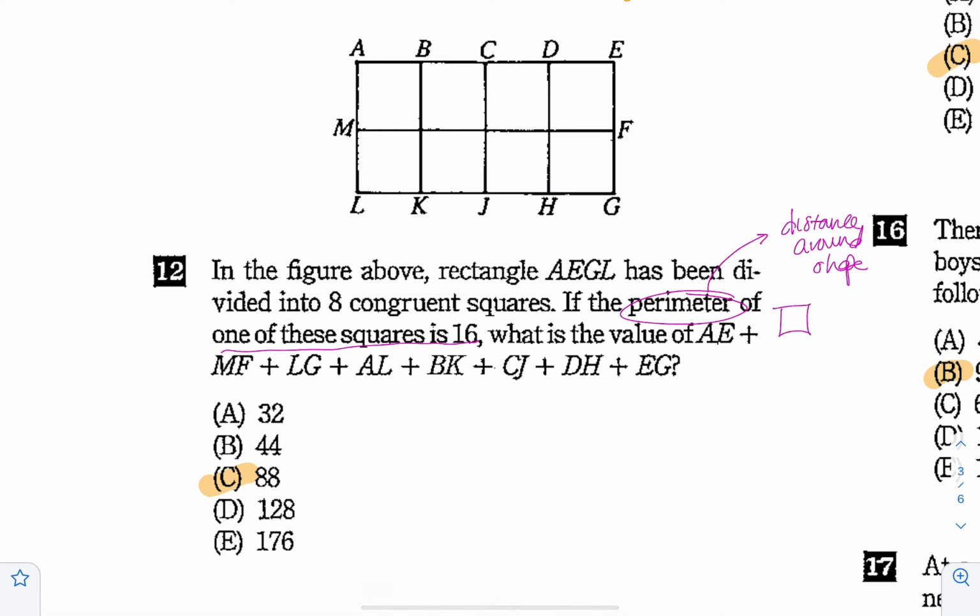For a square, because all sides are equal, the perimeter is equal to 4 times the side, or 4s. So you can set 4s equal to 16. Once you divide by 4, you get that the side is equal to 4. That means that each of these sides will have a length of 4.